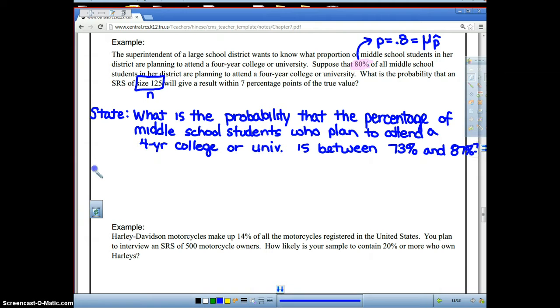Okay, then we need to plan. I already know that the mean of the sampling distribution is 0.8.